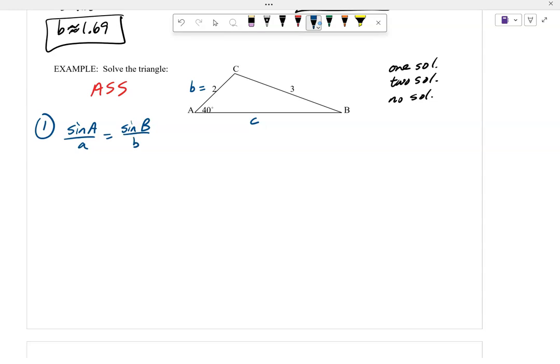So I have sine of 40 degrees over the 3. Right, this is my A right there. Sine of B, I don't know B, but it's over 2. Right?